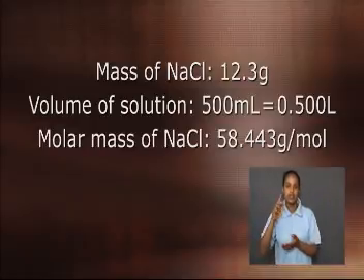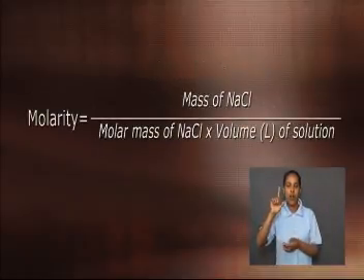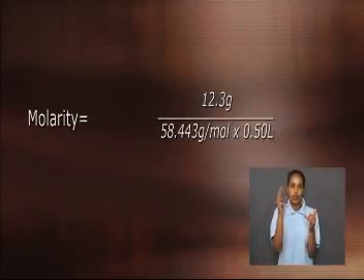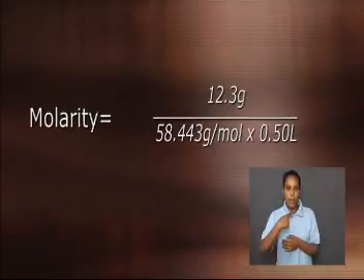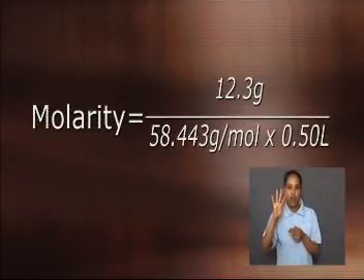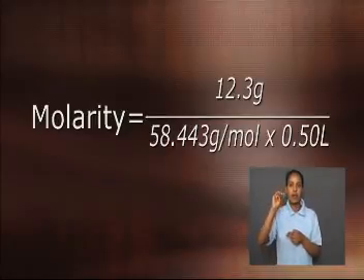58.443 grams per mole. Therefore, we divide 12.3 grams by 58.443 grams per mole multiplied by 0.5 liters.